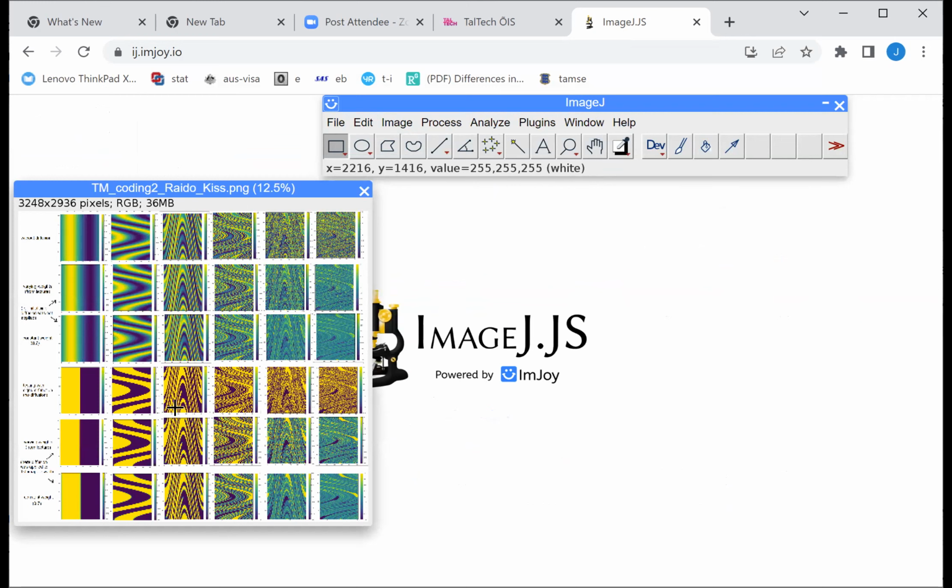Okay, and now I think we should take some photo from here, and see if we can process this part here.